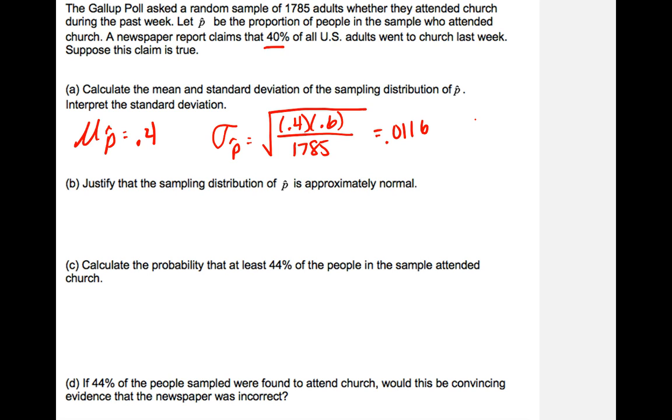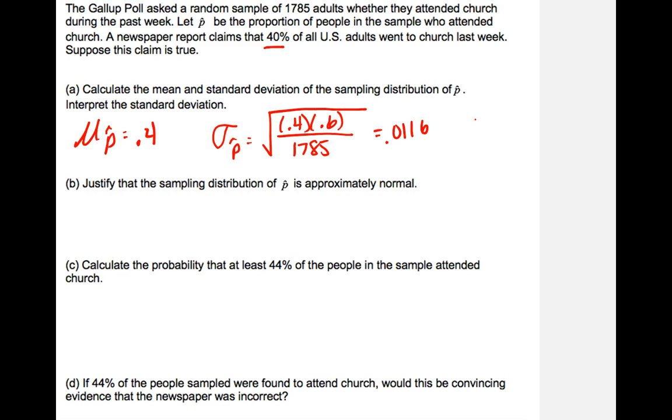So when I typed this into my calculator and I did 0.4 times 0.6 divided by 1,785, my calculator gave me 1.34 times 10 to the negative 4. So just be really careful with those scientific notation values. Either do everything all in one shot, or just make sure you're always looking for that scientific notation. Because if I were to take the square root of 1.34 instead, that would give me a very different and incorrect standard deviation.